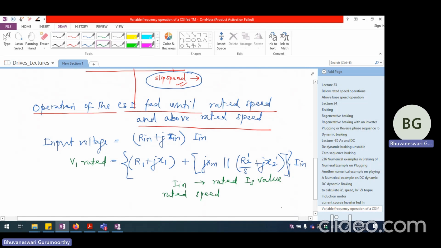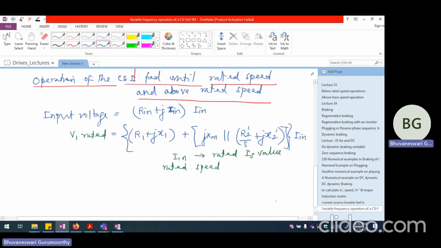But once you want to go beyond rated speed, if we still try to pump 1 per unit of current with rated flux and rated value of rotor current, then in all probability we would have an increase in X1 for a higher frequency.